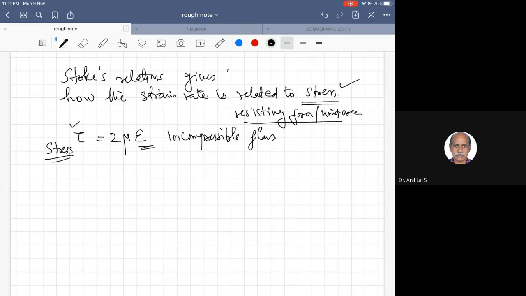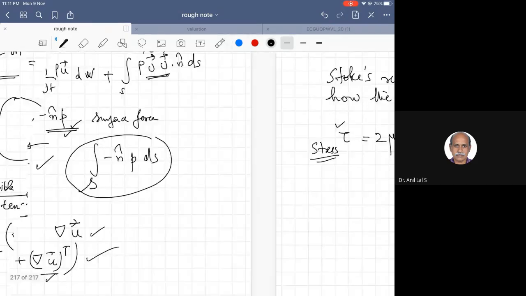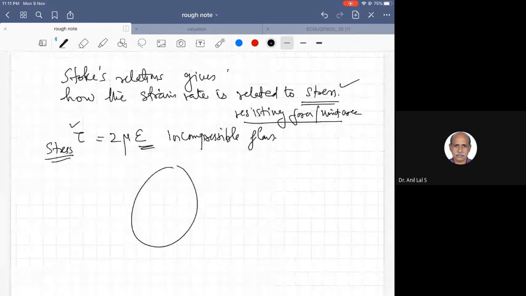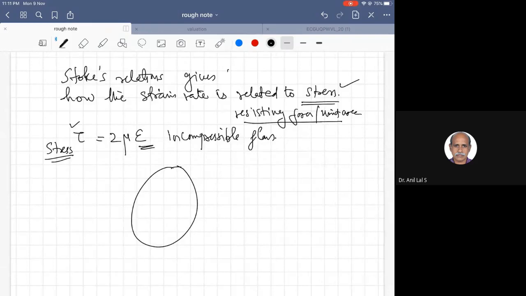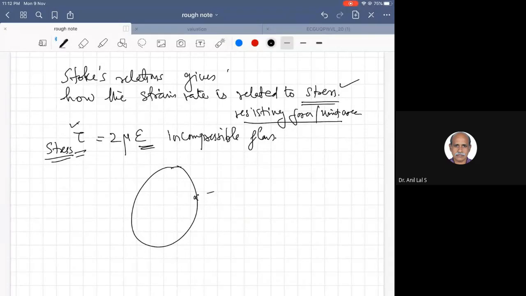So, in addition to the static pressure, we are now considering the viscous stress also on the surface of the system. At any point on the surface of the system or inside, we can define the whole viscous stress tensor, and that will vary from one point to another on the system boundary.